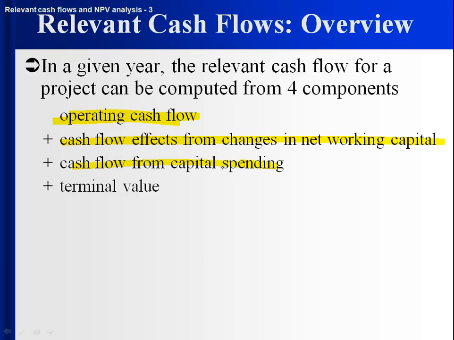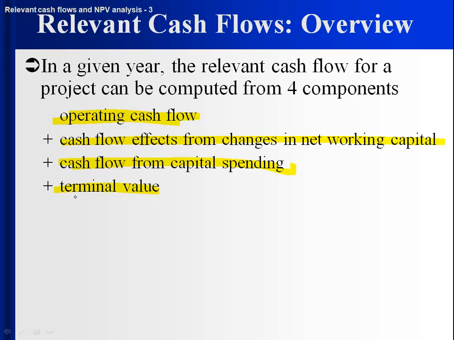Third item is cash flow from capital spending. That's the money that's spent buying equipment, machinery, property, things like that, long-term capital assets associated with a project. And then along the way, sometimes we upgrade, sometimes a project's done and we're left with equipment that we sell. So the cash that we get from selling the equipment, that's there only because of the project, we need to take into account.